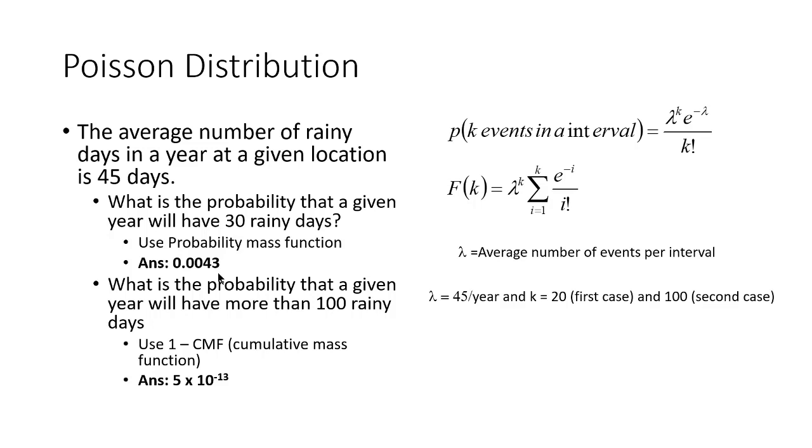What is the probability that a given year will have more than 100 rainy days? Then I use the cumulative mass function, but again, I'm interested in more than. What the cumulative mass function tells me is less than.